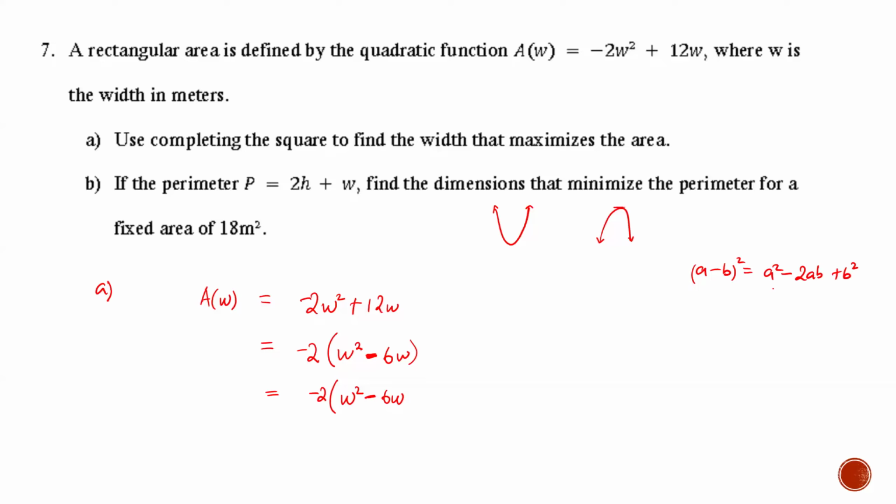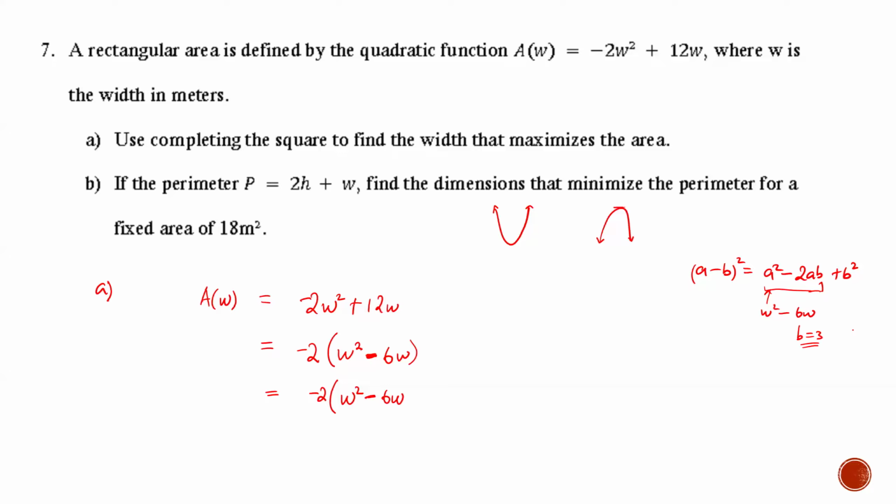So now completing squares, what we assume is that we have this, and then we want to add the b squared, so that eventually our expression can be equal to the square of a minus b. So if you look at what we have, w squared minus 6w, my w is my a in this case. So that means 2b is equal to 6, and therefore my b is going to be equal to 3.